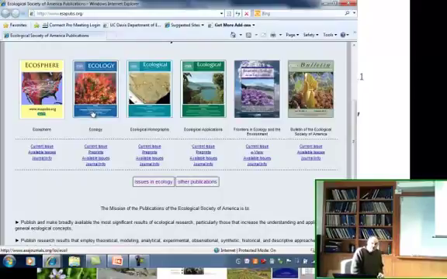And to start this new journal, the Ecological Society, which is actually a very healthy, prosperous scientific society, borrowed a huge amount of money against future revenues. And so the issue we're talking about today, of supporting our servers, of having, and I'm going to take you there, if I can find it.